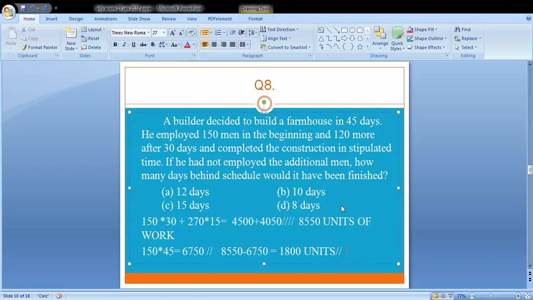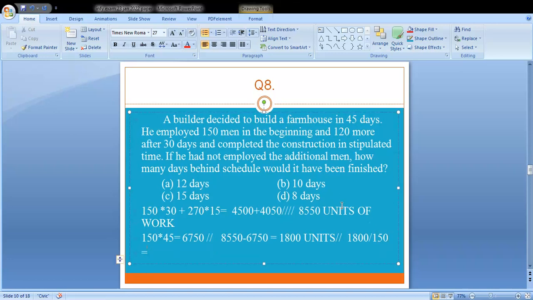For solving this 1800 extra units, there are only 150 people, so you'll get 12 days.